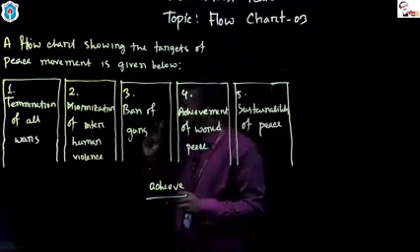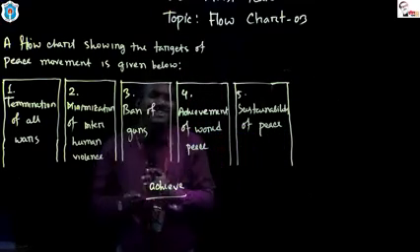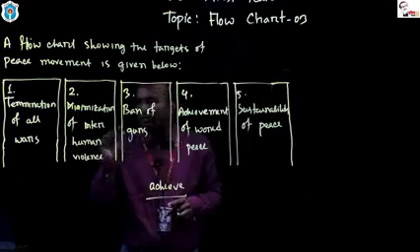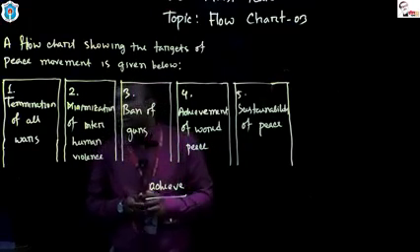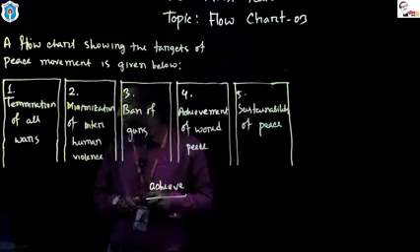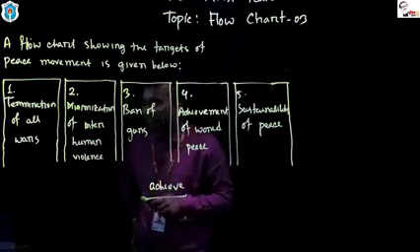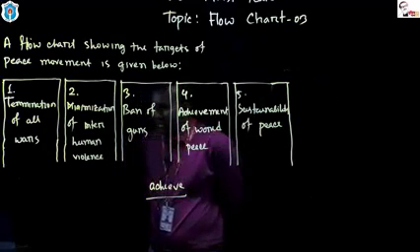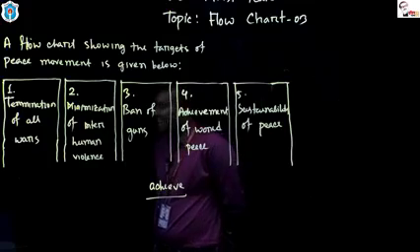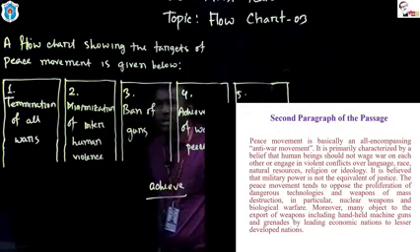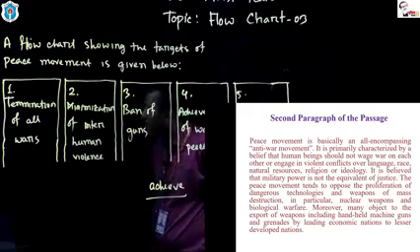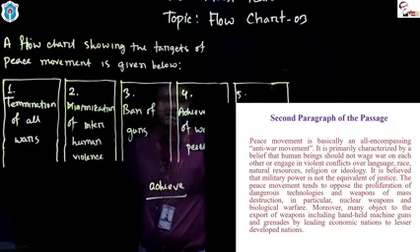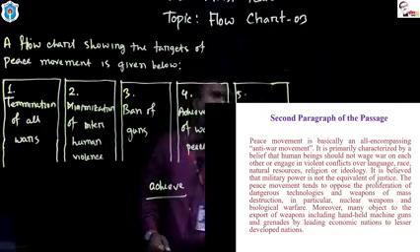There is one answer left, and this answer is not given in the first paragraph. Now we are going to the second paragraph. Now try to find out another objective of the peace movement from the second paragraph. Who can give me the sixth answer?